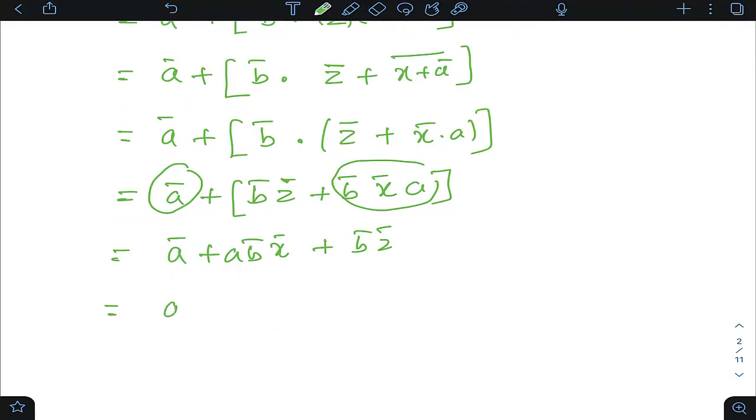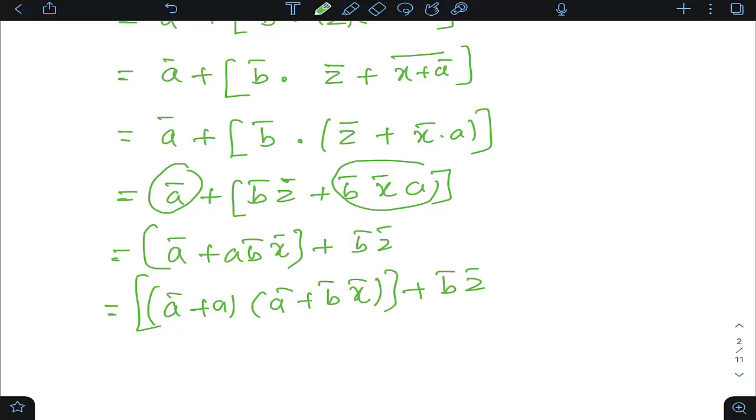So this can be written as A bar plus A with A bar plus B bar X bar, and this is B bar Z bar. This is equivalent to this, like A plus BC. This is A plus, this is B, this is C. A plus BC is equal to A plus B ANDed with A plus C.